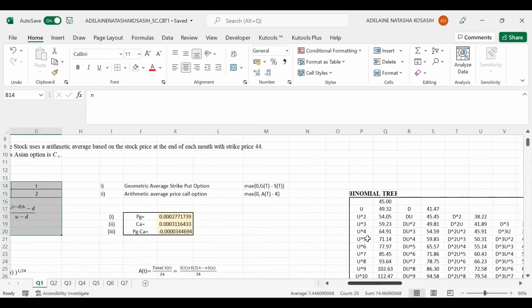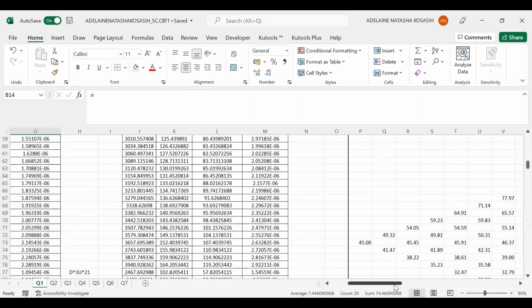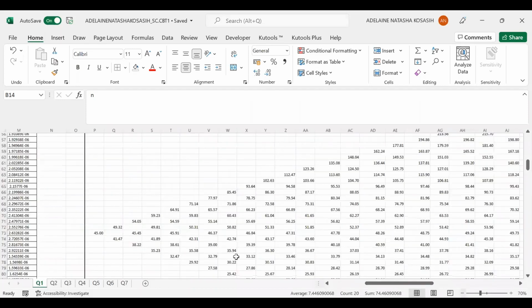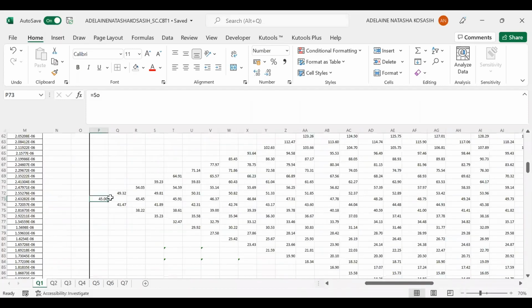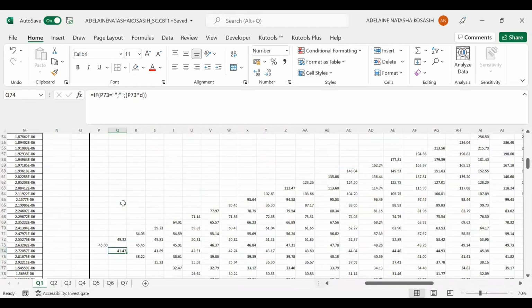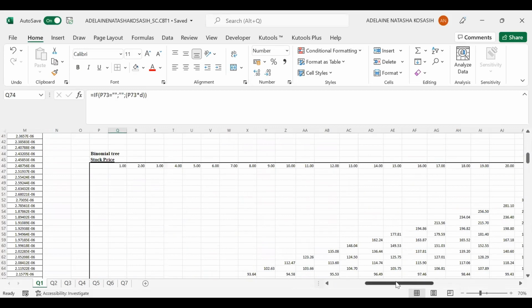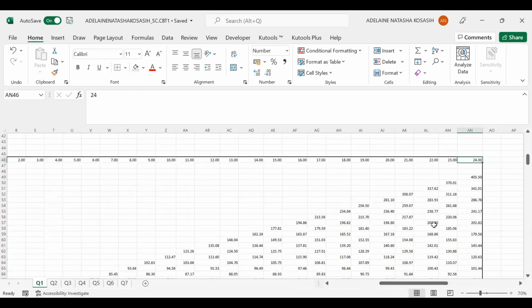We can make the binomial tree. This is the binomial tree. You can start with S0, which is 45, and then times u, which gives 49.32, times d, which gives 41.47, times u, times d, times u, times d. You have to calculate all this until period 24.